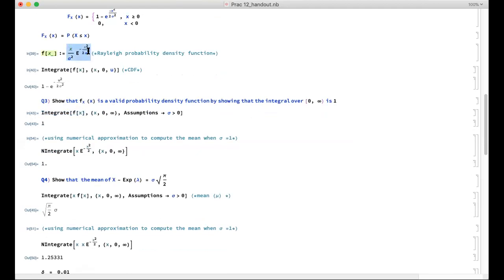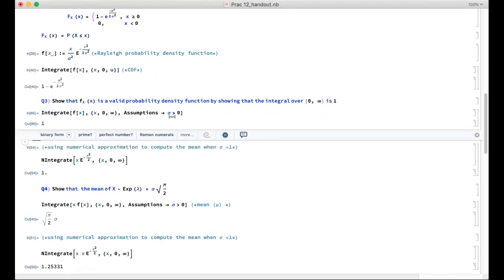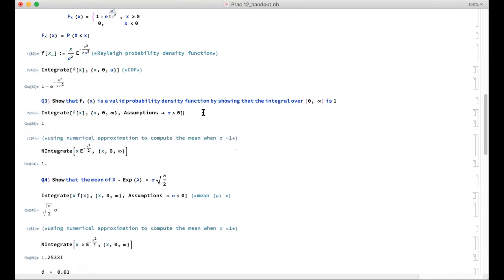I've defined a function previously, that is the PDF, and take the integration from 0 to infinity, assume that sigma is positive. Okay, and then if you evaluate that, you get 1 here. Okay, so that's the way to check your integration, but in your assignment, you should be doing hand calculation.